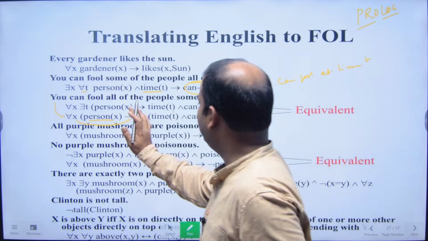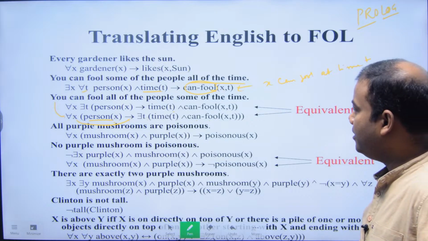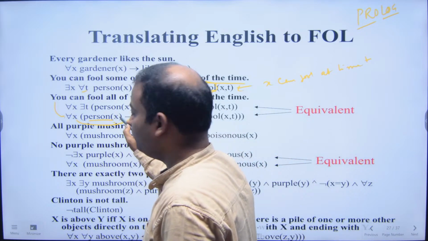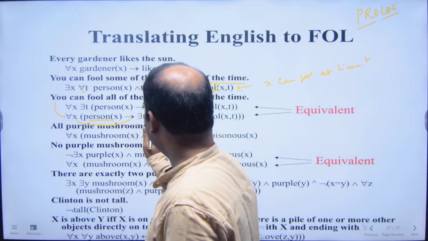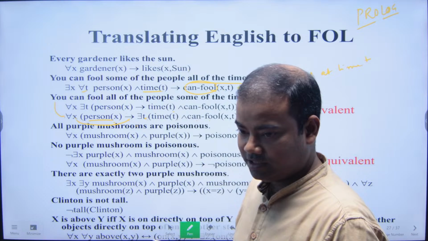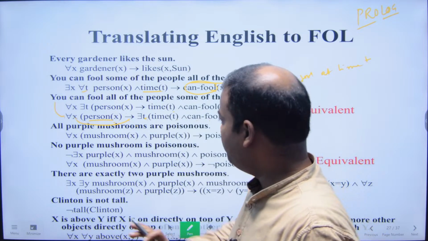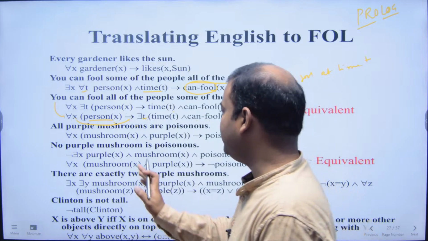Here we are easily taking it to this side. Why? Because here there is no t. Here there is no t, so if you keep this t here, the meaning will not change. Is it clear? But if you keep this for all x here, the meaning will change. Actually then there will be no meaning.